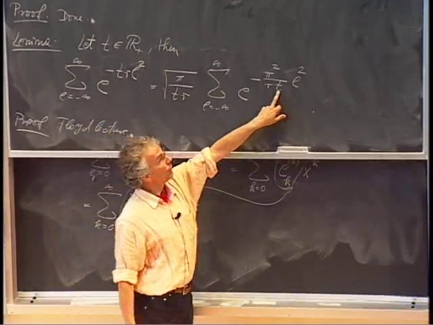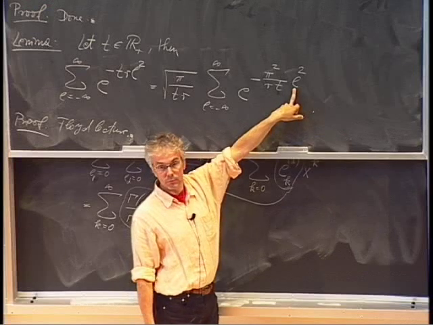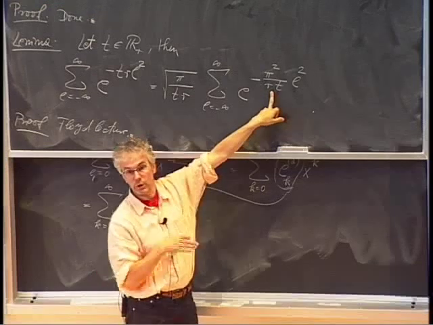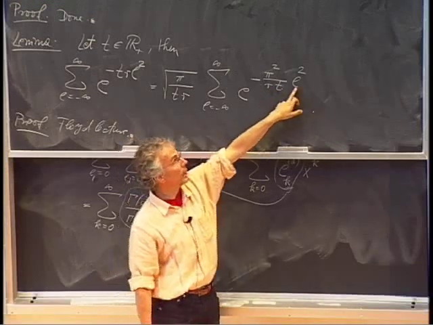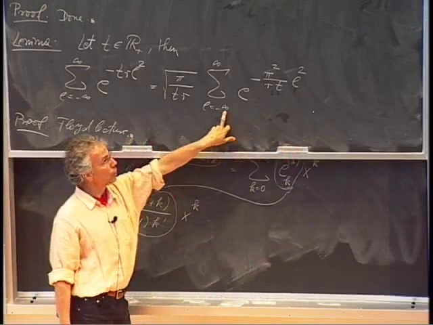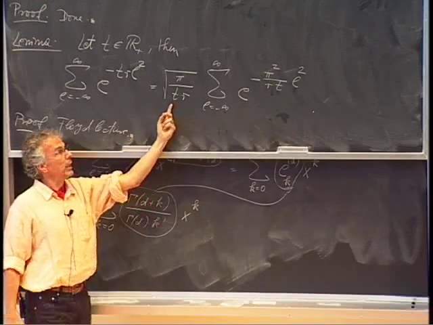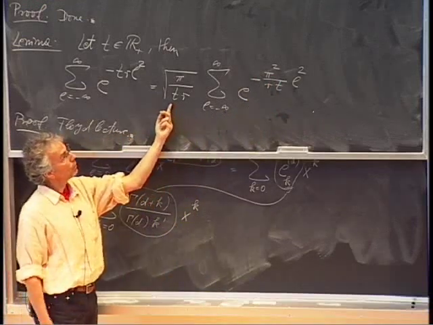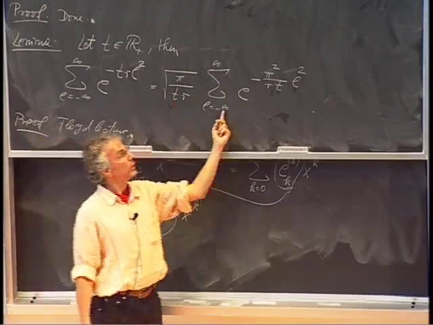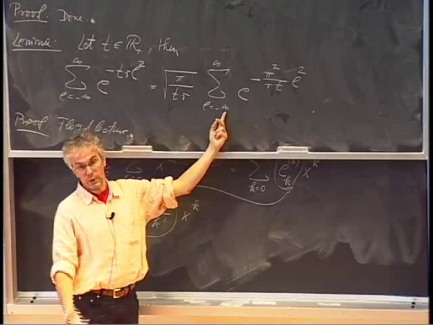You have 1 over t here, so whenever L is different from 0, this is exponentially damped. It's exponentially small as t tends to 0, as soon as L is different from 0. Only for L equals 0, well, this is 1, and you see the behavior as t tends to 0 is a 1 over square root of t term plus terms that are exponentially damped and come from the summation over L with L different from 0.